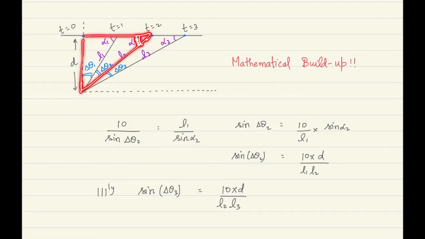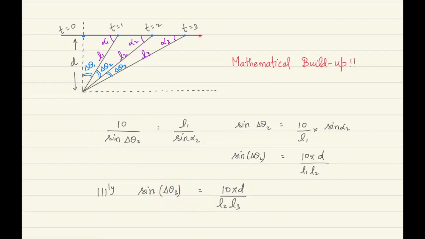Sine alpha 2 will be the opposite side, which is a fixed distance d, divided by the hypotenuse. So sine alpha 2 becomes d divided by L2, and hence sine of delta theta 2 becomes 10 into d divided by L1 L2. Likewise, sine of delta theta 3 will be 10 into d divided by L2 L3.